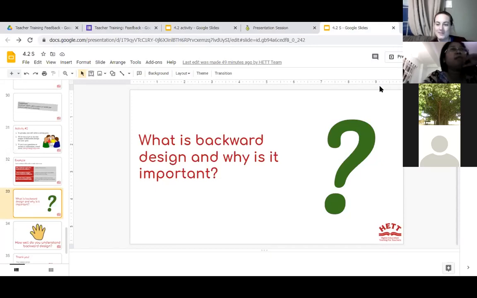It is important because it is learning for real life. So student needs or student desire is applicable to their life. And then someone just wrote realistic design, focus on the result. Yes.